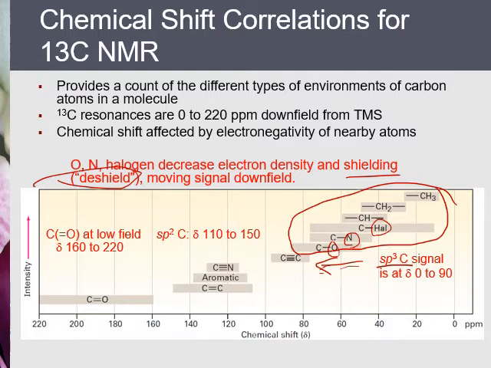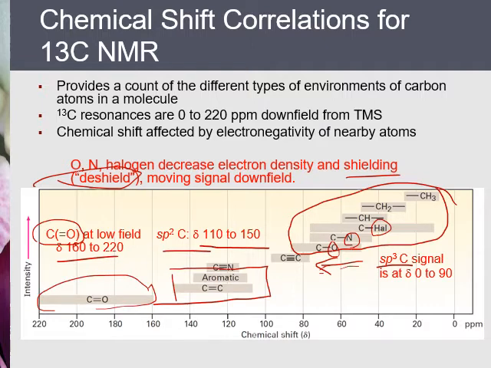Now, sp2 hybridized carbon have signals usually between 110 and 150, and this includes carbon-carbon double bond and aromatic systems. Carbon-oxygen double bond, called carbonyl carbon, have signals 160 to 220.